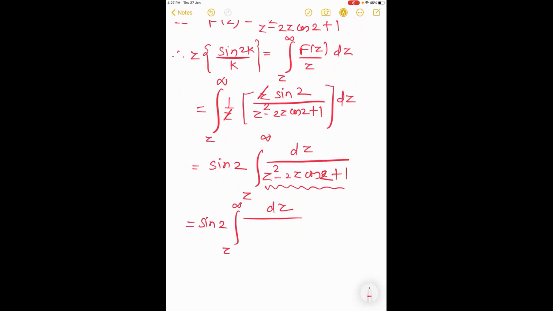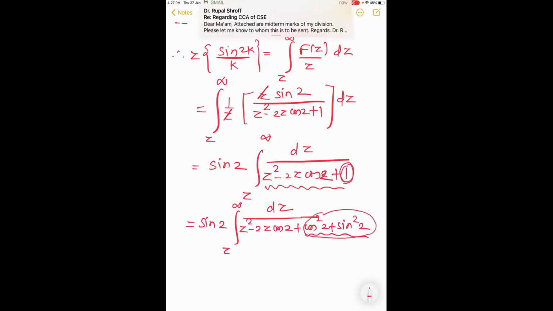So here what I will do: z square minus 2z cos 2, and that 1 can be replaced with cos square alpha plus sine square alpha, that is cos square 2 plus sine square 2. Can I write like that? This one can be replaced with this. Correct or not?